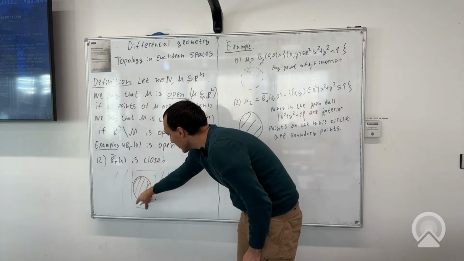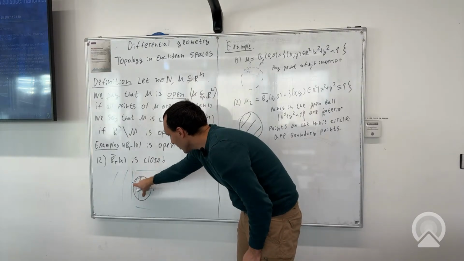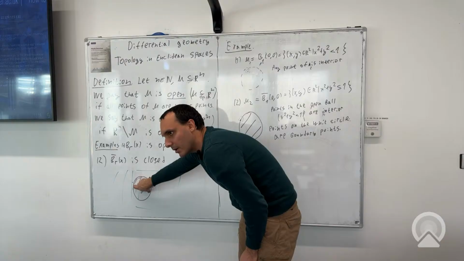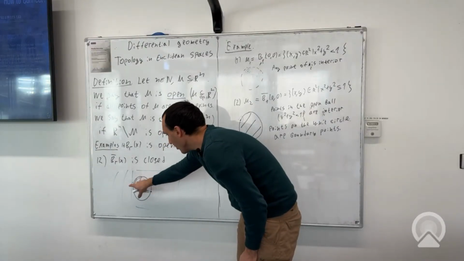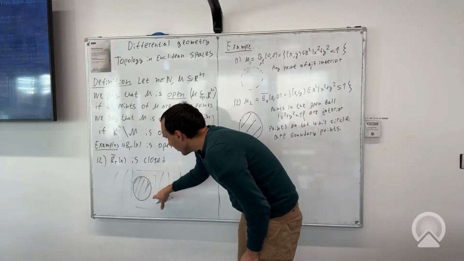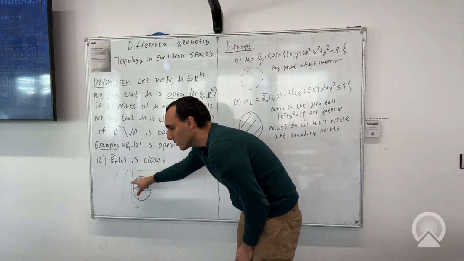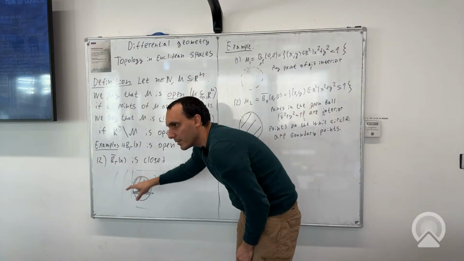We are considering the closed ball, so it contains its boundary. So the complement contains all points that are at a distance bigger than 1.